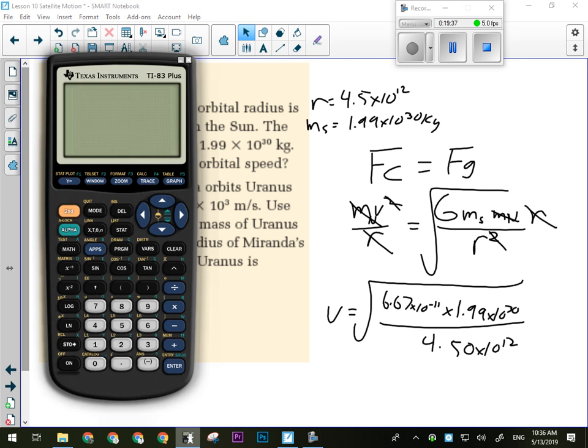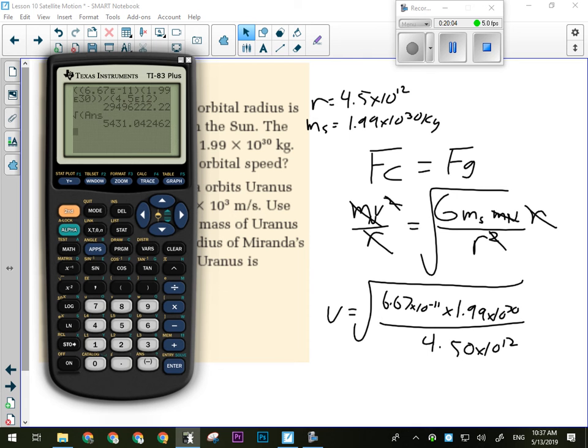The big thing here, guys, is to make sure that we bracket the things we need to bracket so our calculator doesn't try to be smarter than we are. And then I got to square root that.